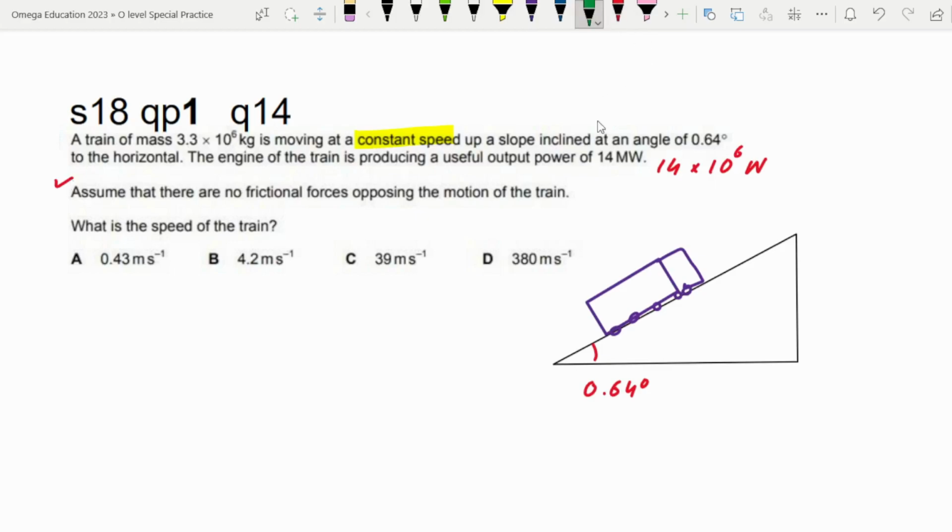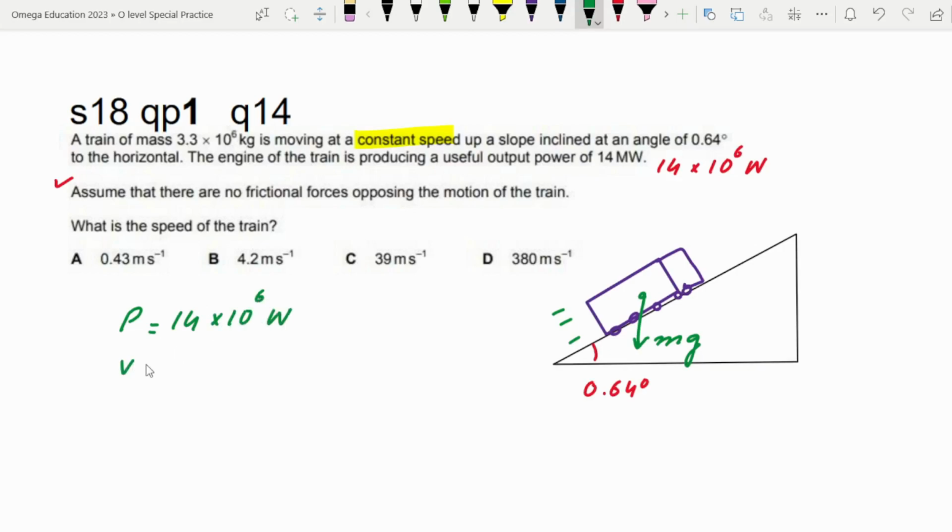So if the weight of the train is mg, and the train has to move up the slope, and the engine is able to produce the power of 14 million watts, or 14 into 10 to the power 6 watts.